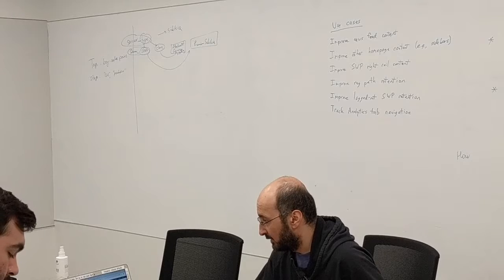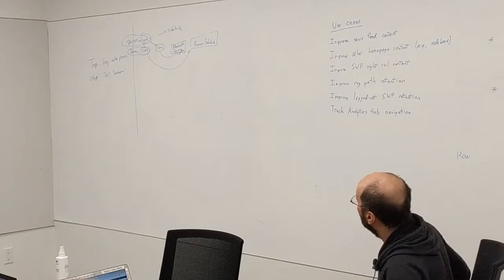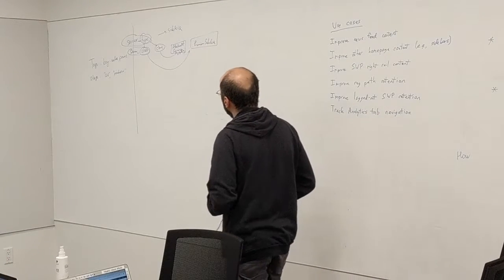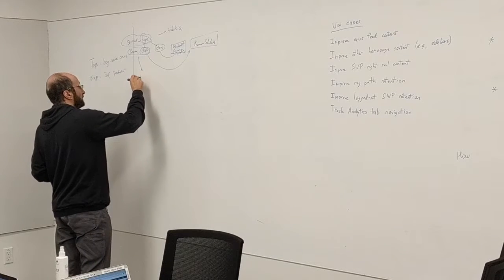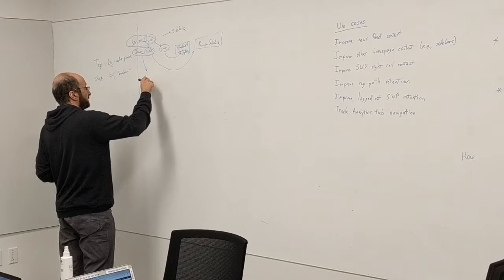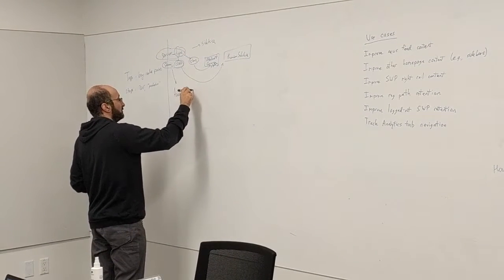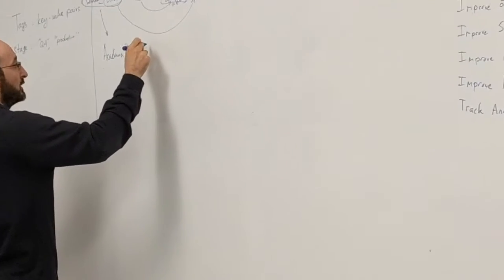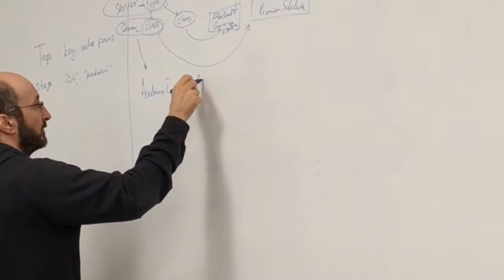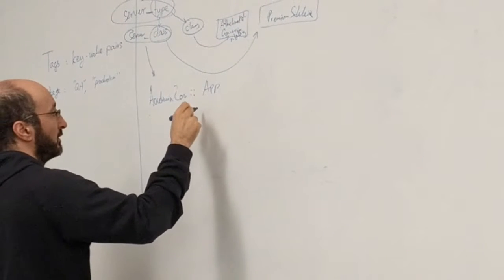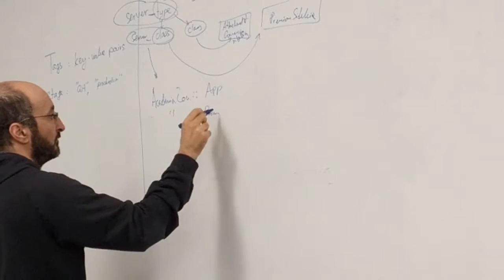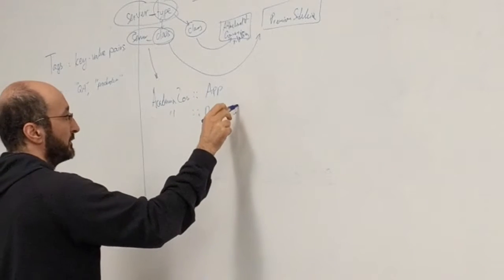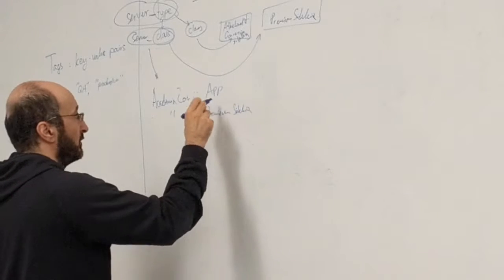So you'll notice that all of these server class entries look like this: Academia::Zoo, let's say, app, or premium sidekick or something like that. Why is that?